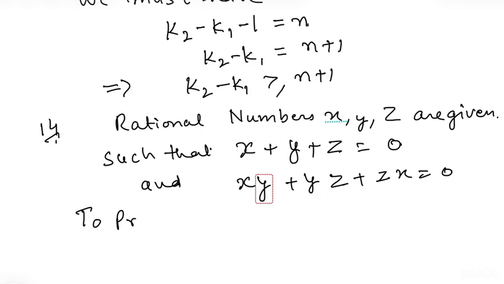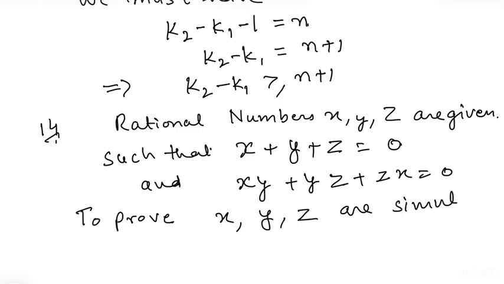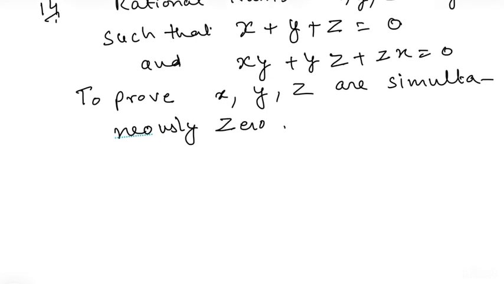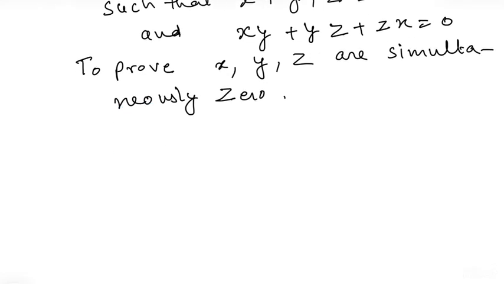To prove this is only possible if x, y, z are simultaneously zero. मतलब अगर ये तीनों जीरो होंगे तो ही ये पॉसिबल है.